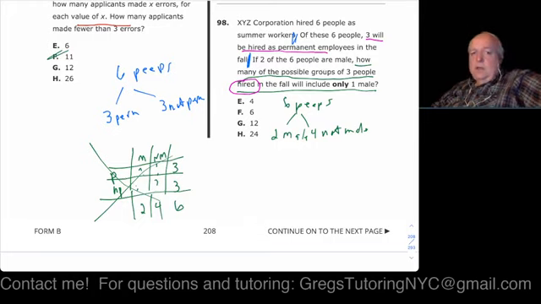We'll include only 1 male. All right, so basically what we have is a male followed by the other 2 hirees, right? 3 people are going to be hired. Yes? Okay. So how many possibilities do we have for this? They're telling us this too.